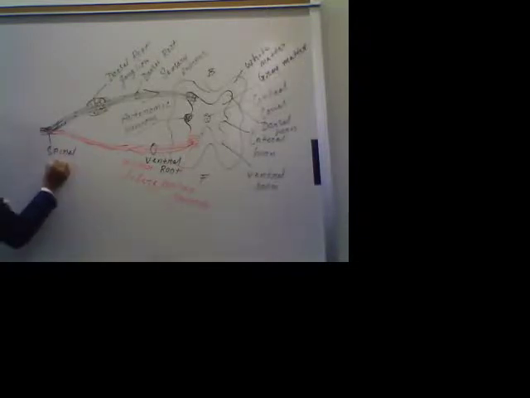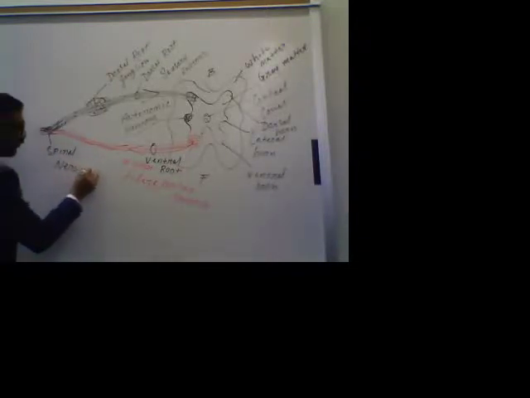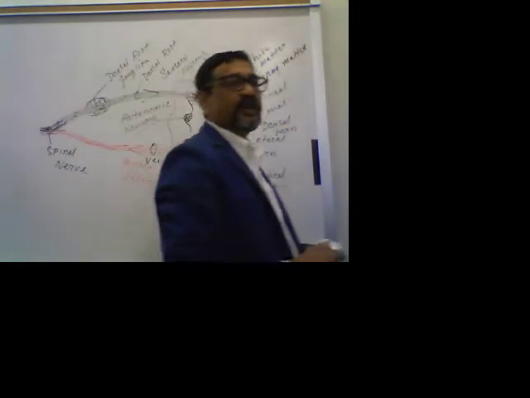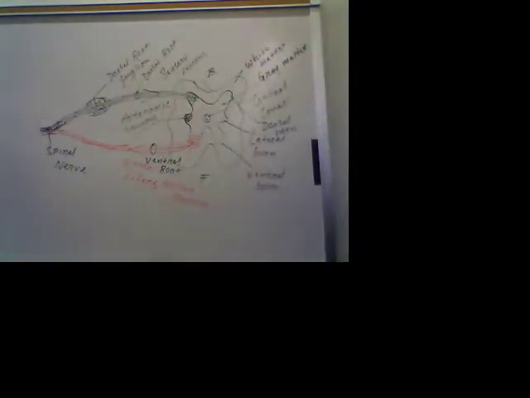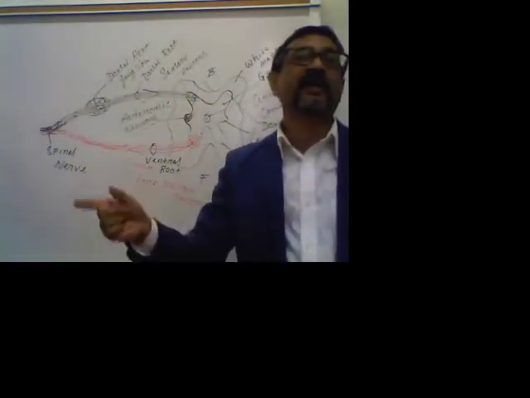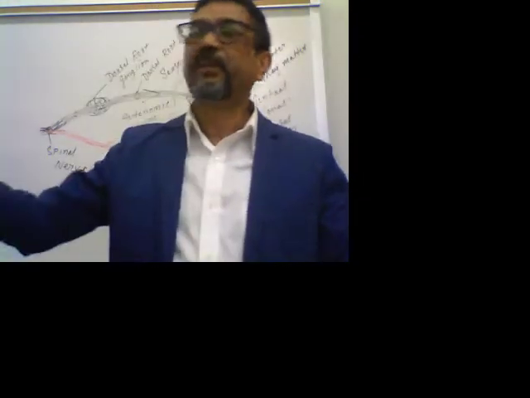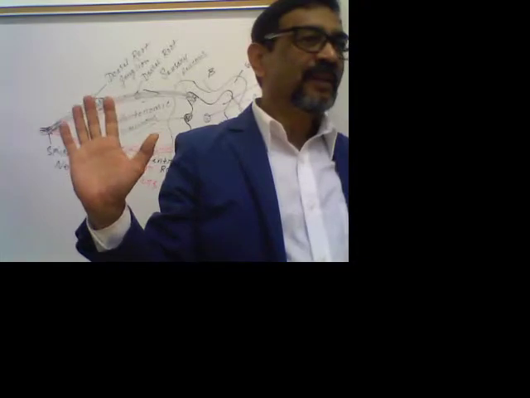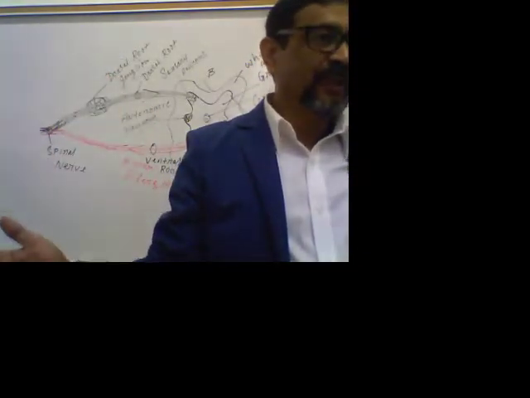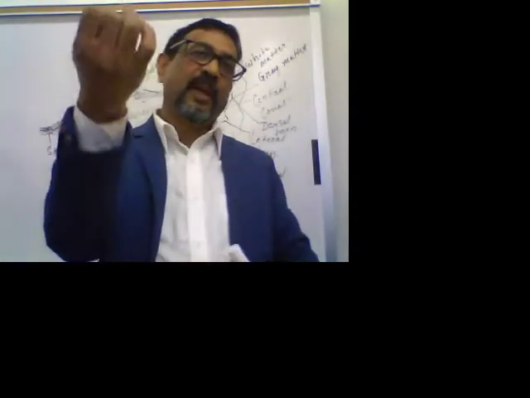That's how the spinal nerve is formed, by the union of ventral and dorsal roots. Ventral root has motor fibers, dorsal root has sensory fibers, right? So they meet and form the spinal nerve.